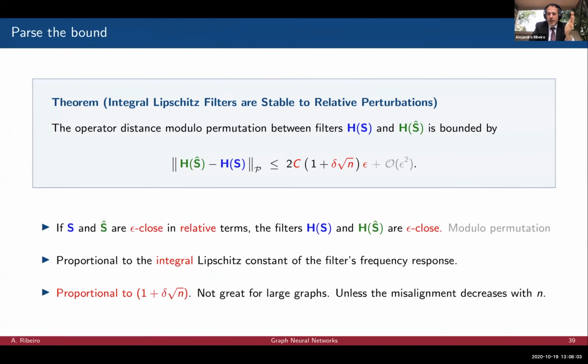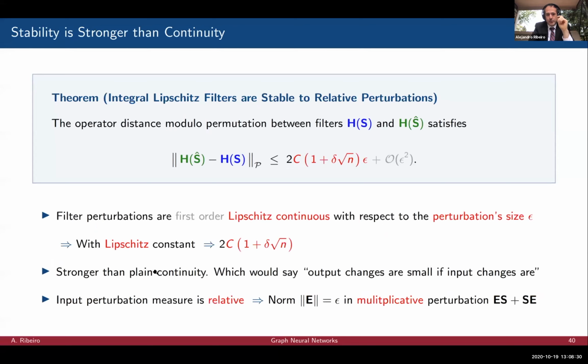Now, the similarities tell you that the parsing of the bound is analogous. So if S and S hat are epsilon close, the outputs are epsilon close, except that now epsilon closeness is relative, it's not absolute. The bound now is proportional to the integral Lipschitz constant, it's not proportional to the Lipschitz constant. And it is still proportional to 1 plus delta square root of n, so that part of the bound remains unchanged.